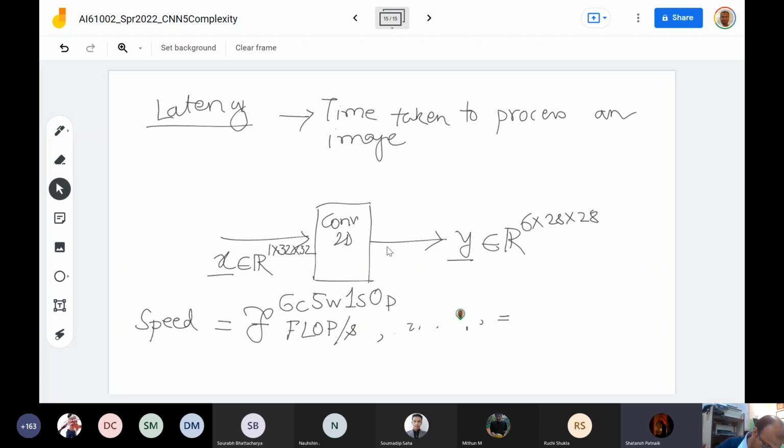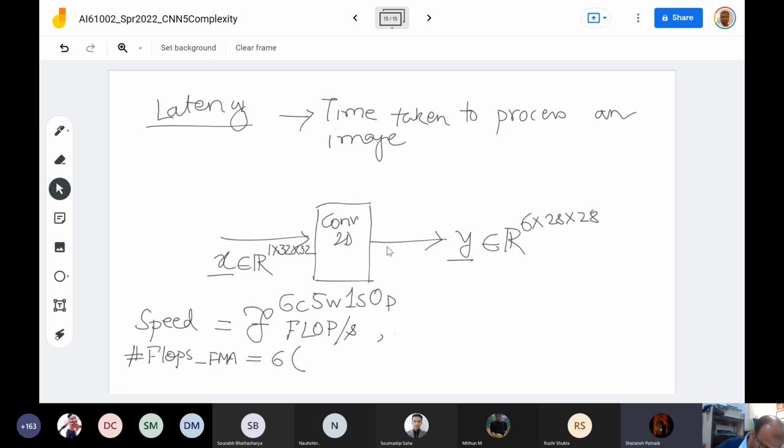So let me write it. Number of flops underscore FMA is equal to what? K is 6, CWH. So input channel is 1. W is 5, H is also 5.